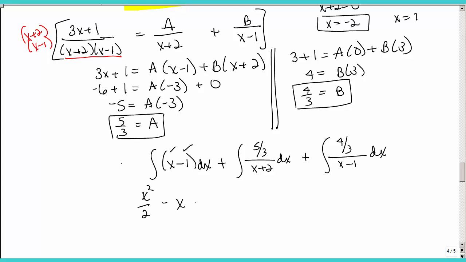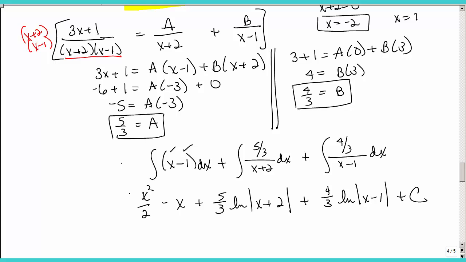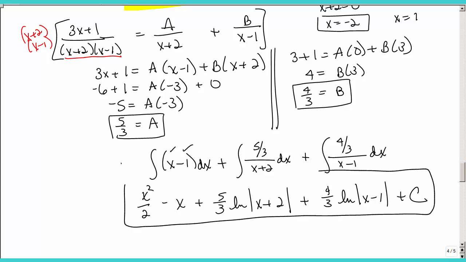That's just your constant rule. Then we have that natural log rule again. And one more time. So you want to make sure you look at the problem first to see if you need to do long division, and ask yourself, do you really need to use partial fractions?